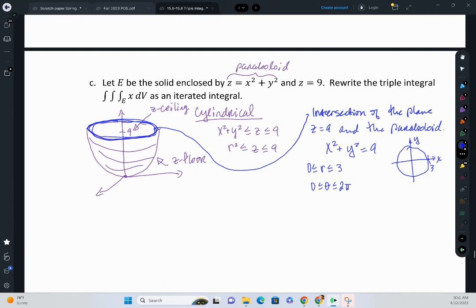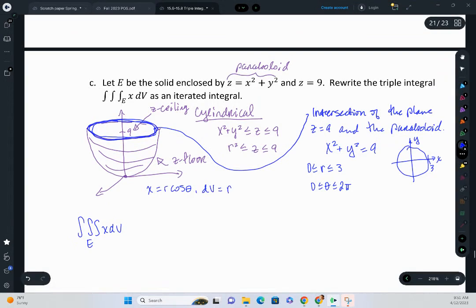All right, now I need to change this integral fully. It's the triple integral over E of x dV. If you recall, x is equal to r cosine theta, and dV will be r dz dr d theta. Okay, so rewriting this, the outer integral is for theta, so 0 to 2 pi. The middle integral is for r, so we're going to go from 0 to 3.